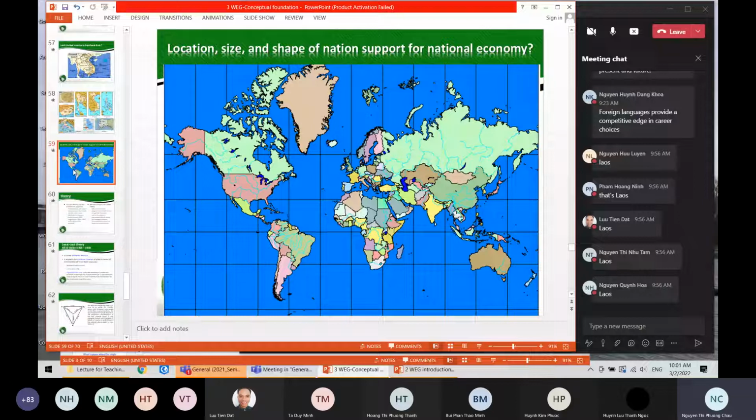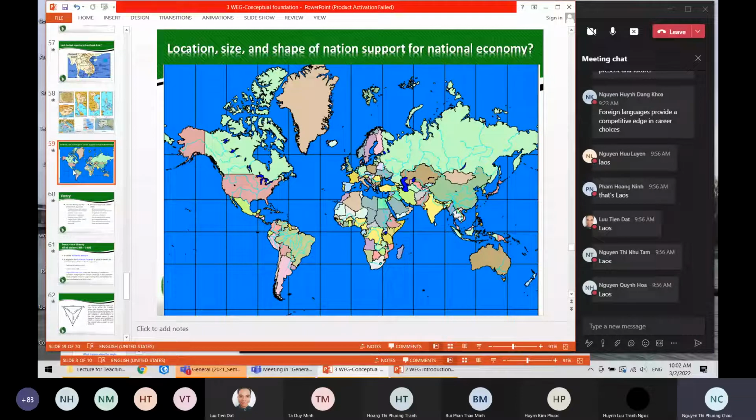The spatial interaction in the global economy has become more dynamic and more complex. And if we look at the location of the nation, we may find some interesting answers to the question why some nations have the special opportunity to develop the economy.